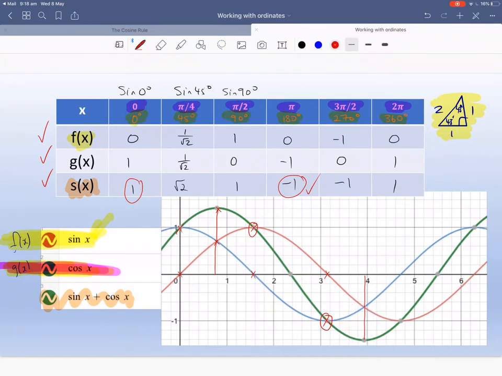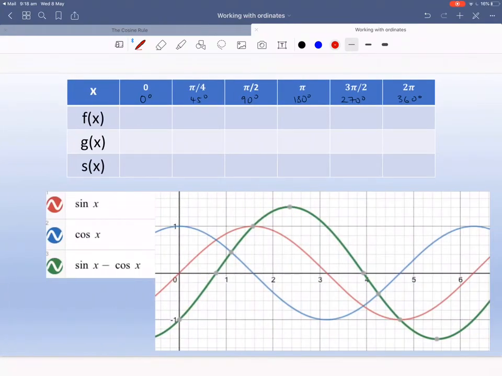So we can either do a table of values. Table of values is way easier, but you can also see from the graph that to add the ordinates really, really works. Okay, so here we have the same deal, except we're going to minus it, all right?